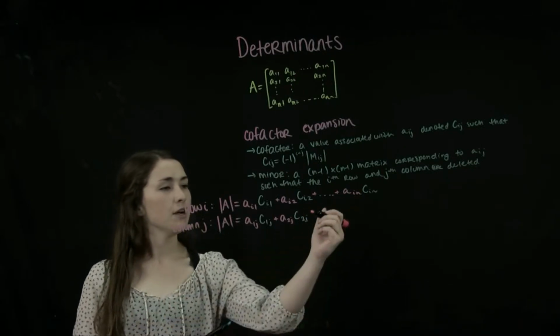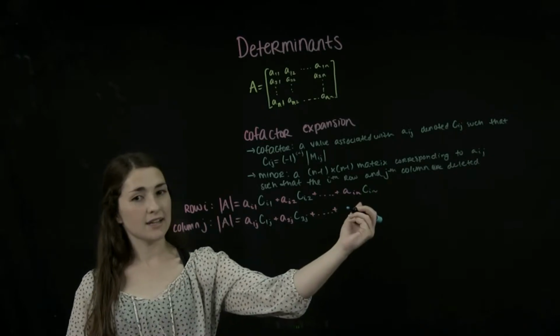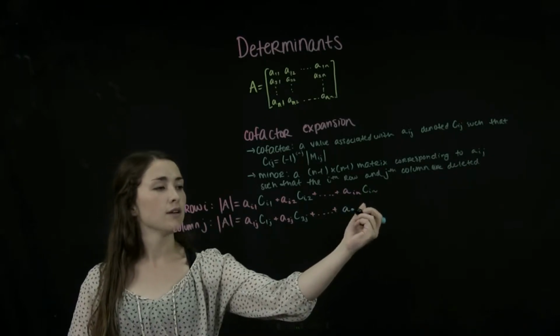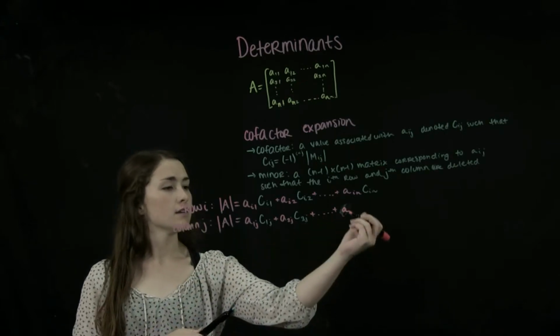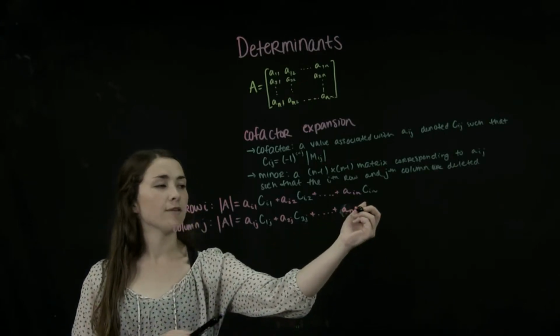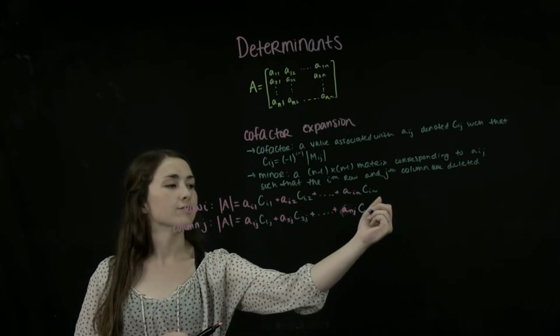And then we're going to keep on doing that until we get to the last term in our column. That's going to be a sub nj times its cofactor here.